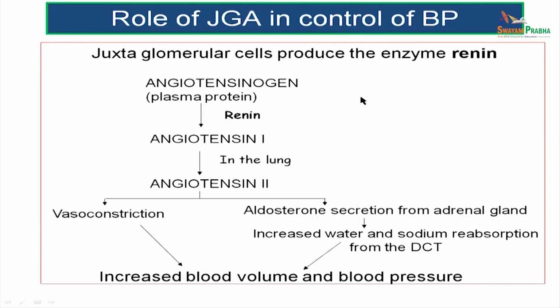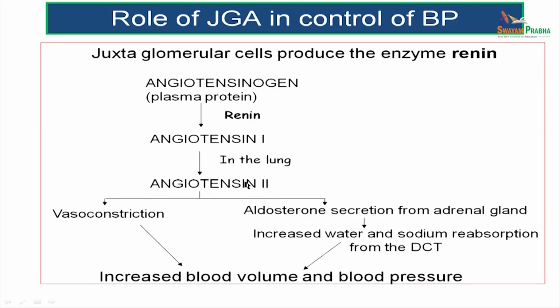This enzyme renin enters the circulation, and it converts angiotensinogen, which is nothing but a plasma protein, into angiotensin 1. This angiotensin 1 is converted in the lung by angiotensin converting enzyme into angiotensin 2.